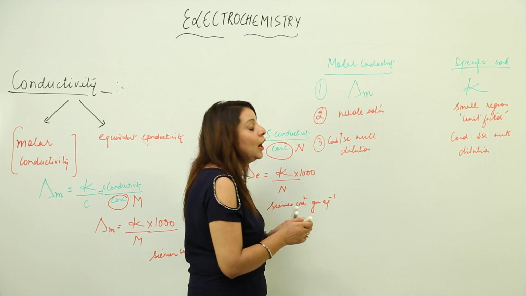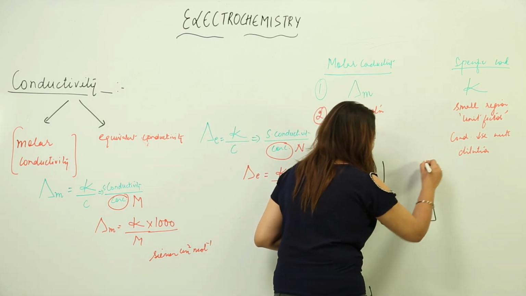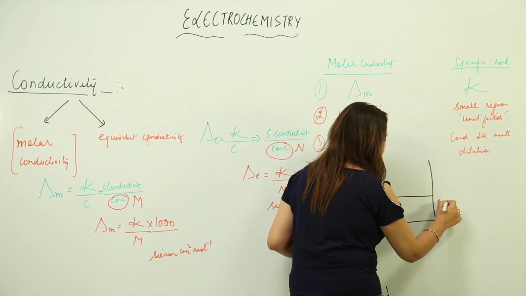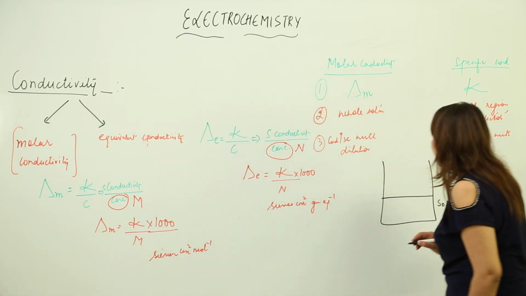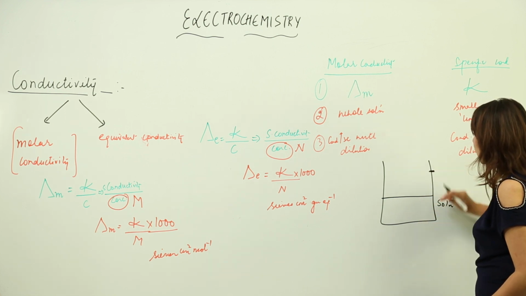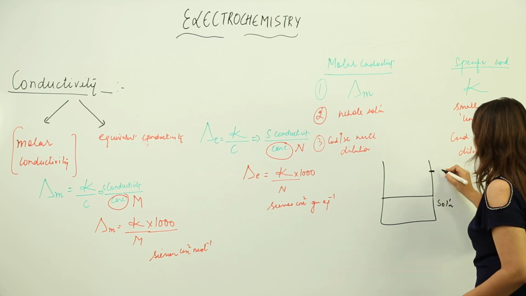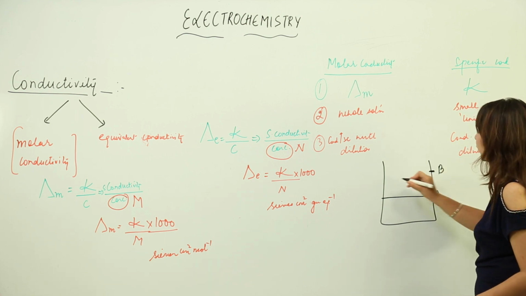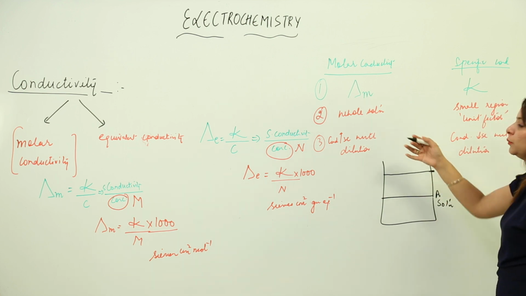Now let's see how they both vary in a different manner. Suppose you have a beaker in which I have a solution of a given concentration. Now I am going to dilute it, and the level changes. The initial level was A, and now on dilution it becomes B. So what do you think about the molar conductivity?